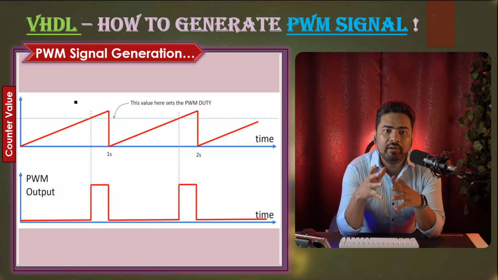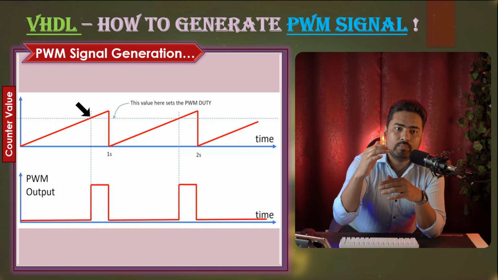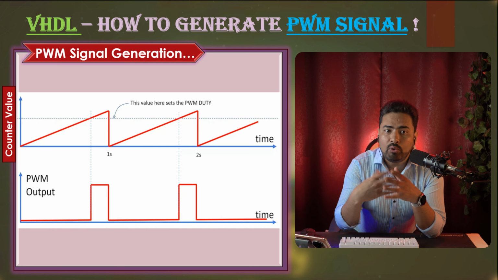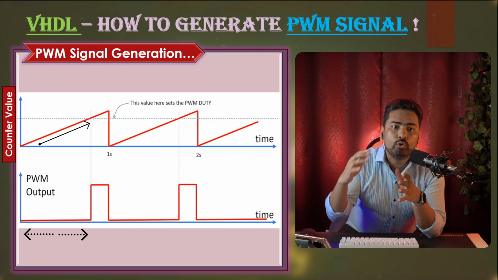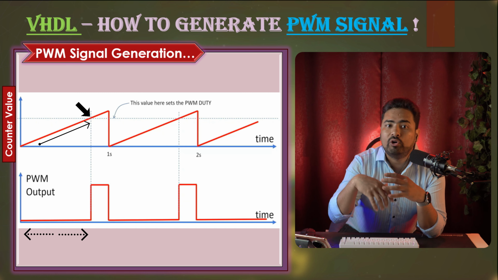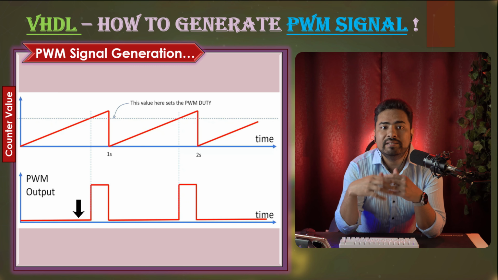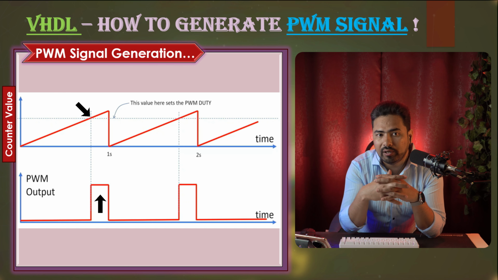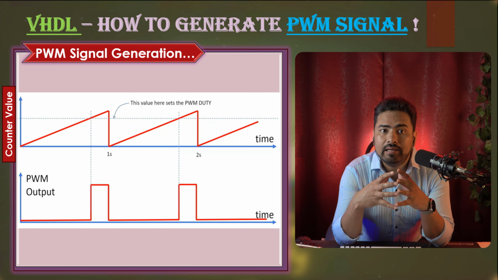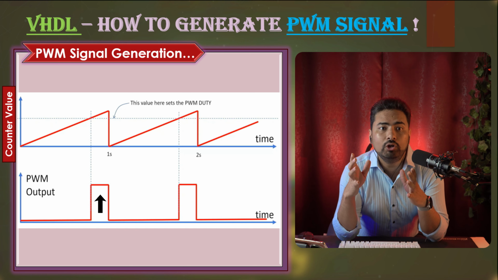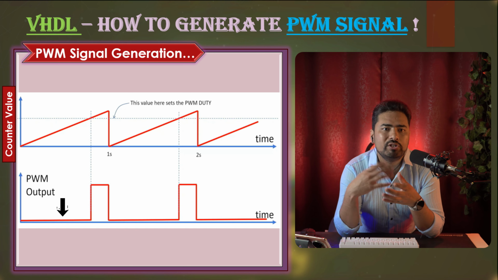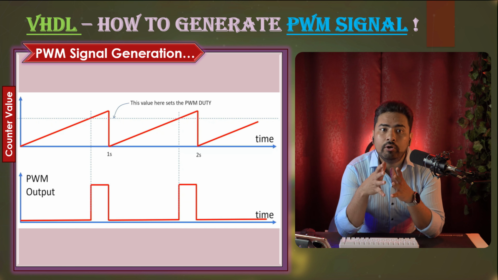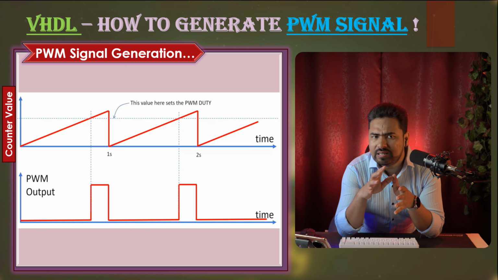For example, here we have reached this intersection point. Now our counter will take longer to reach this point, and for that period, our output is 0. Above this point, the output is 1. So our output is 1 for a shorter time compared to logic 0. So we get a reduced duty cycle, something like 20% in this case.